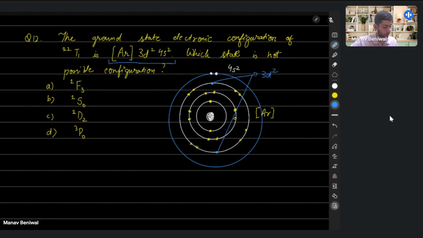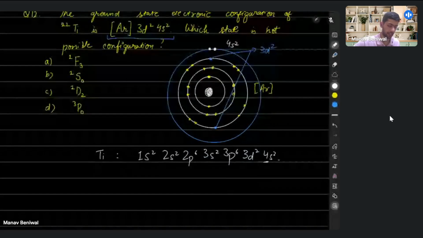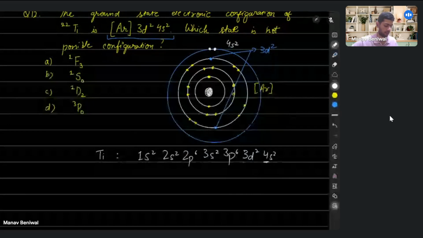So if we write the electronic configuration of titanium, it is 1s2, 2s2, 2p6, 3s2, 3p6, 3d2, and then 4s2. This is, I think, called the Aufbau principle, where the fourth level electrons are filled before the 3d level.